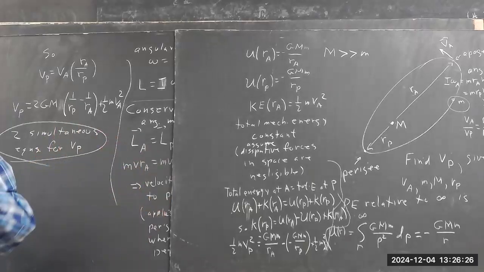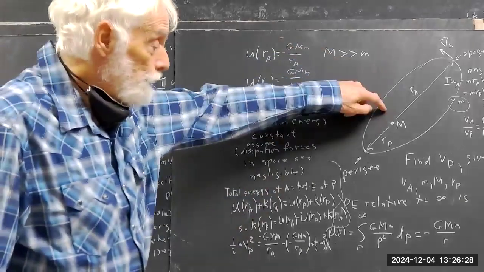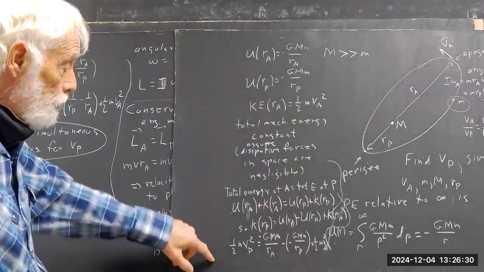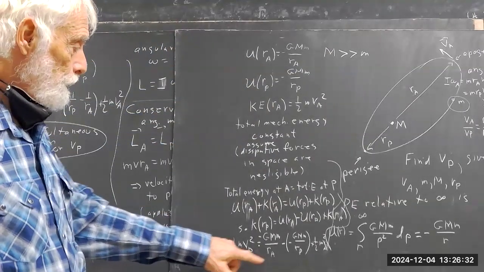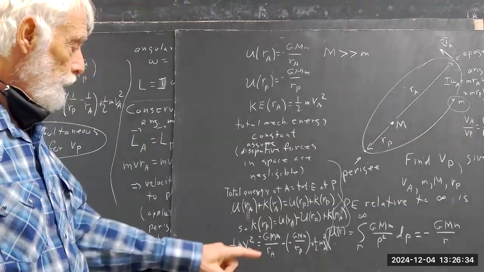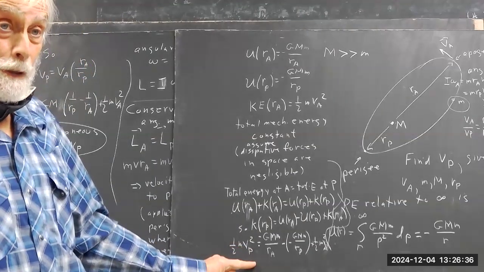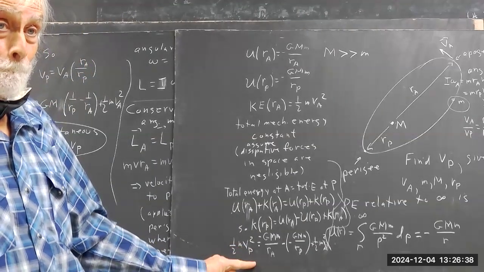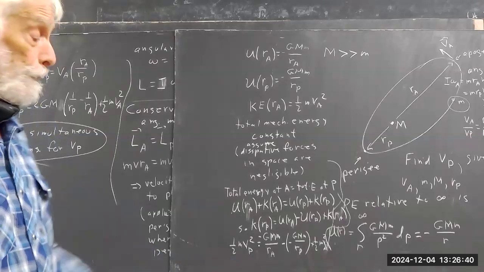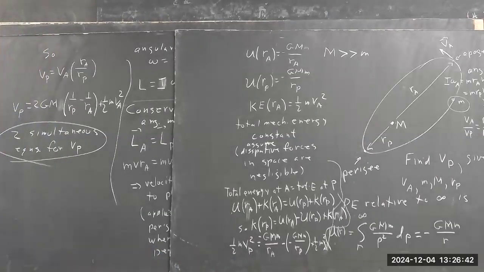What have we said here? Conservation of energy tells us in a very clear way that VP has to be related to VA this way, right? Okay. Here we've got two simultaneous equations.